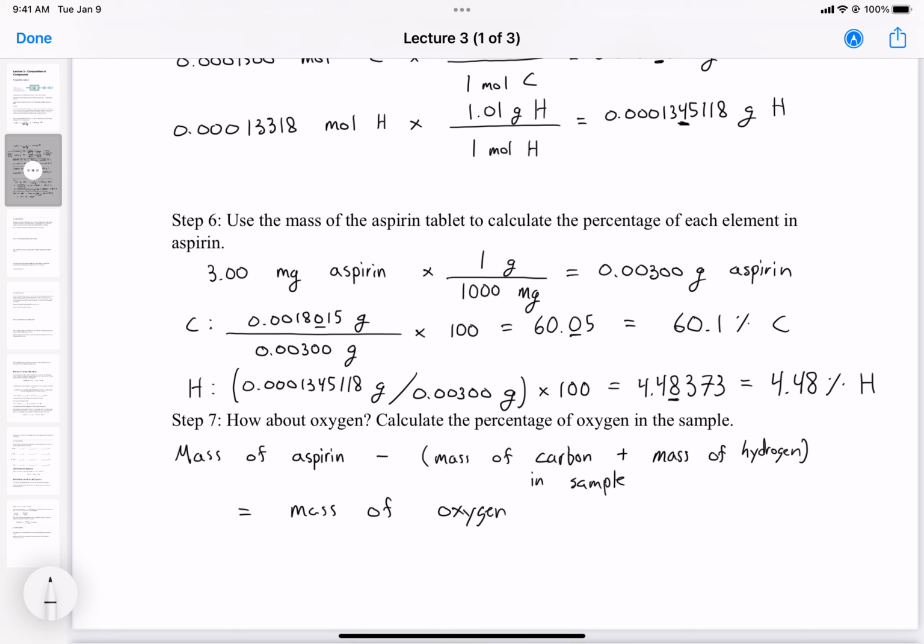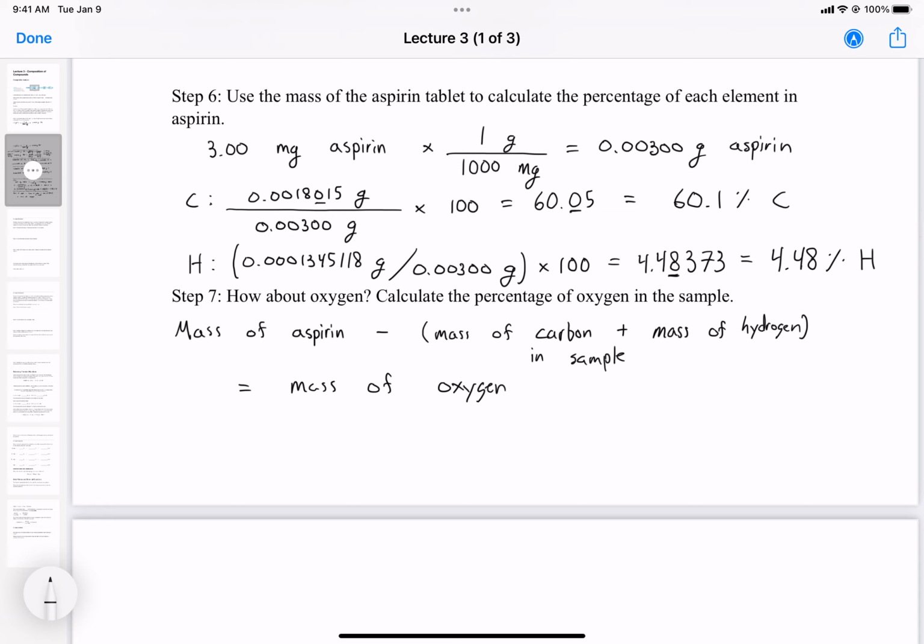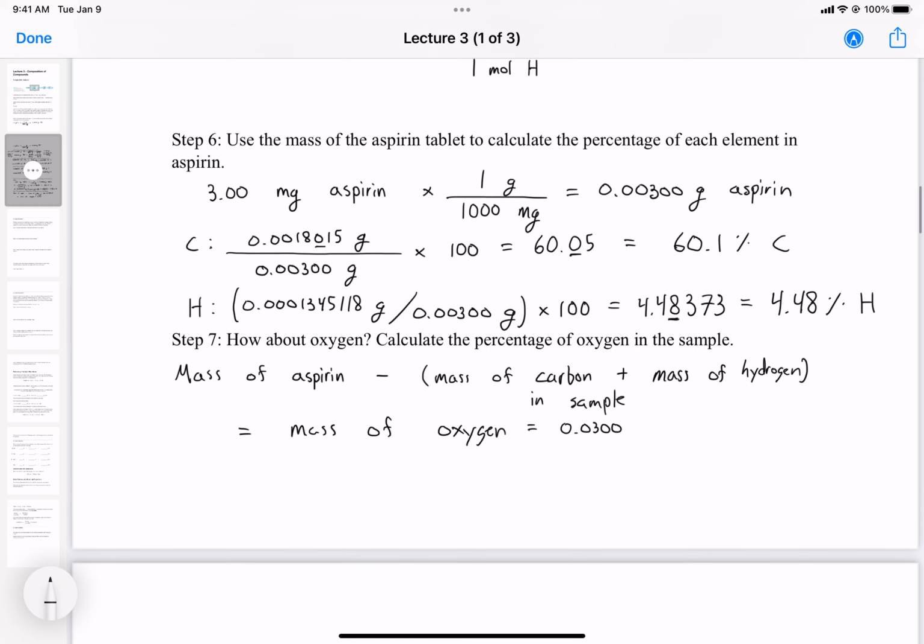Okay, so if we do that, we will get 0.0300 minus 0.0018015 minus 0.000134511.